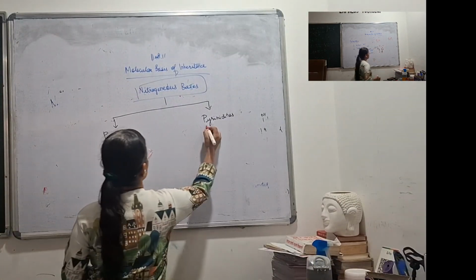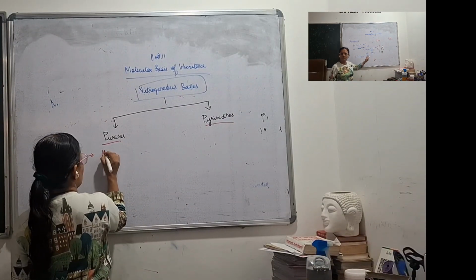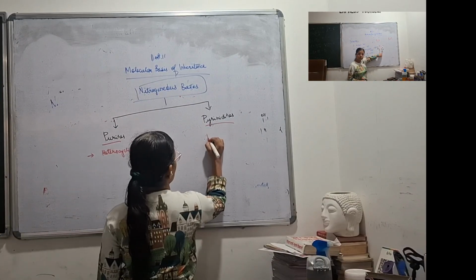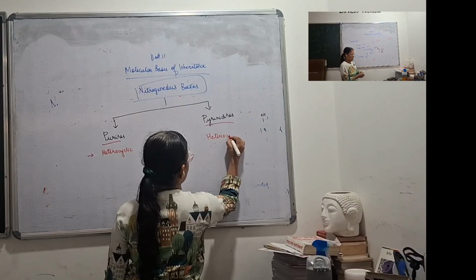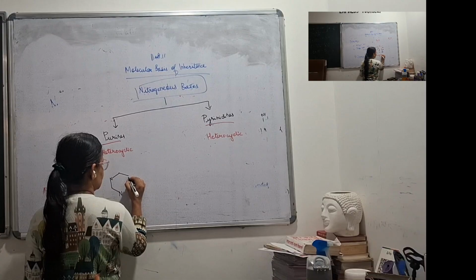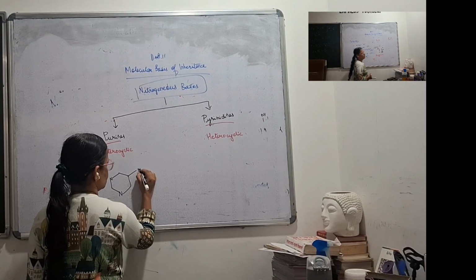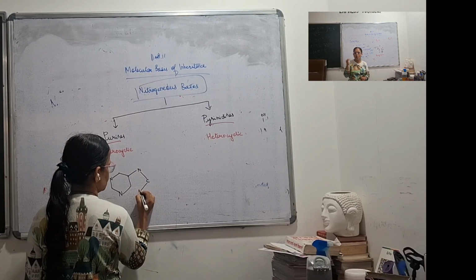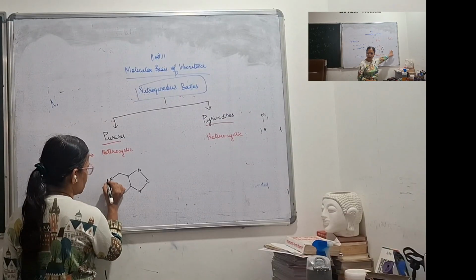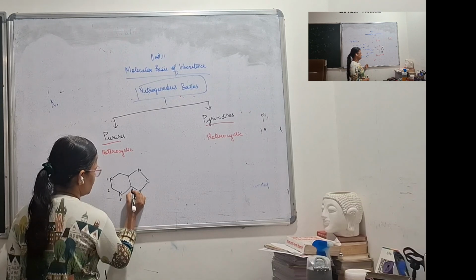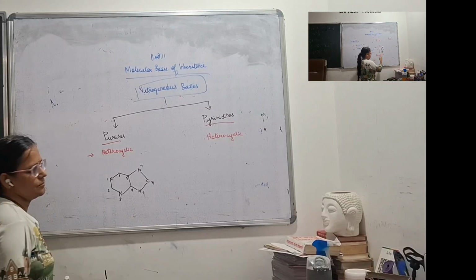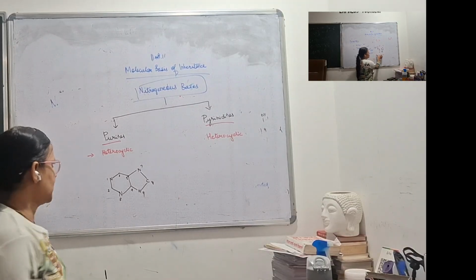Both of them are heterocyclic. Like this, if I start numbering from this nitrogen atom, this is how you will get it.